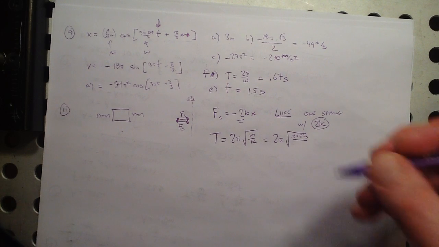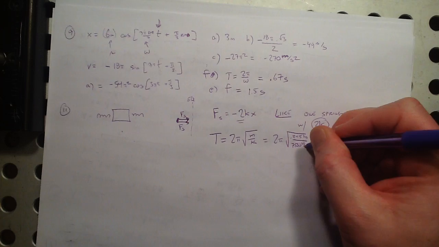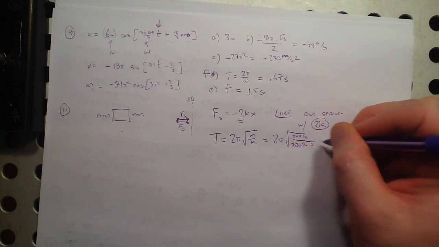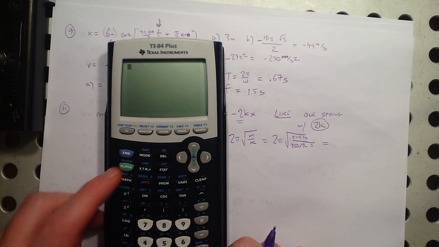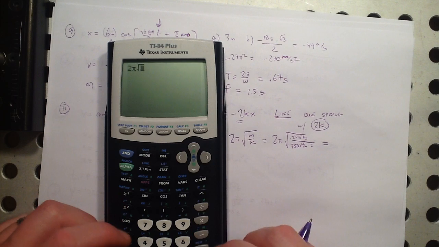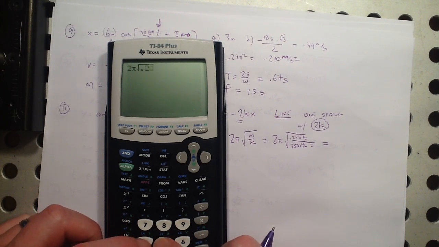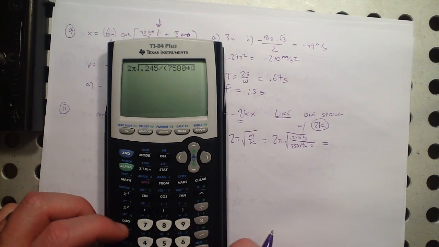So that's 7580 times 2. And I just need to jam that all into the calculator carefully. 2 pi times the square root of 0.245 over 7,580 times 2.